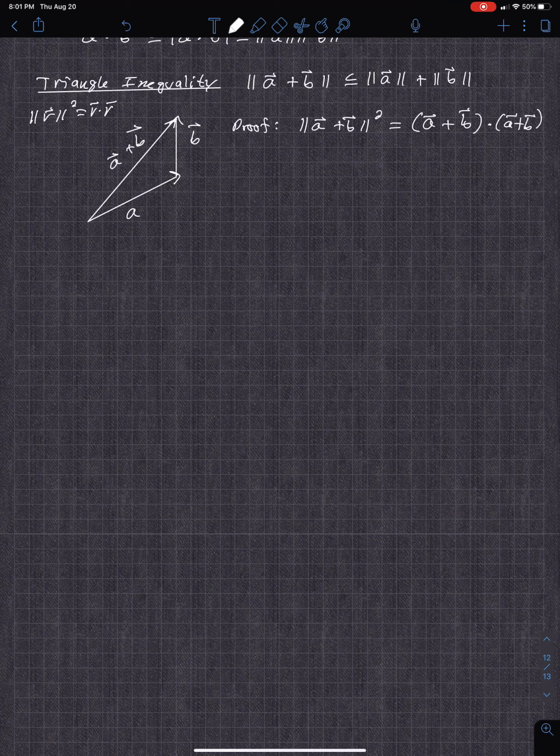Then multiply that out. I'm not going to show all the little steps, but it's almost like multiplying out two binomials.